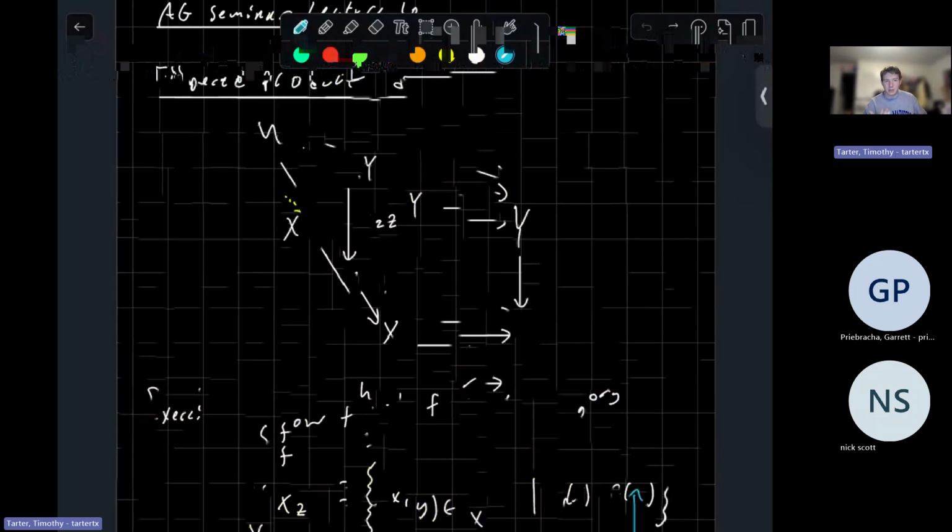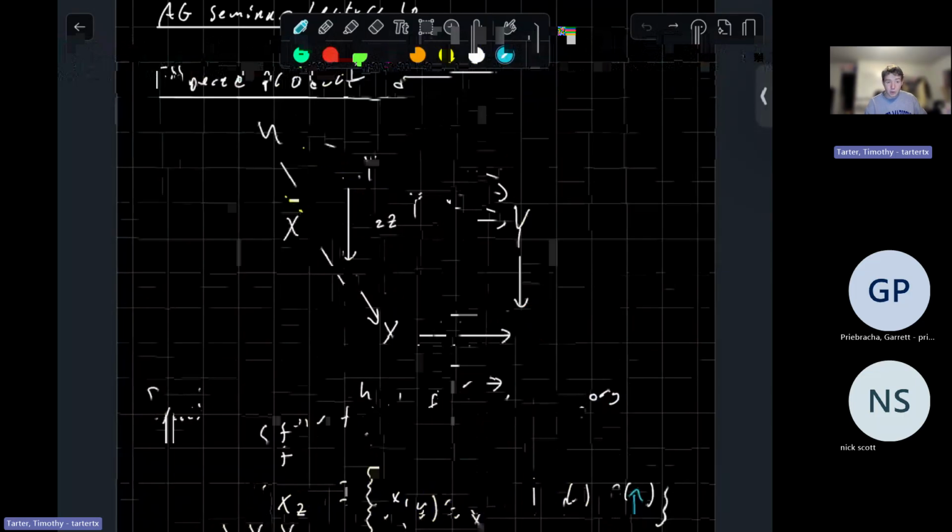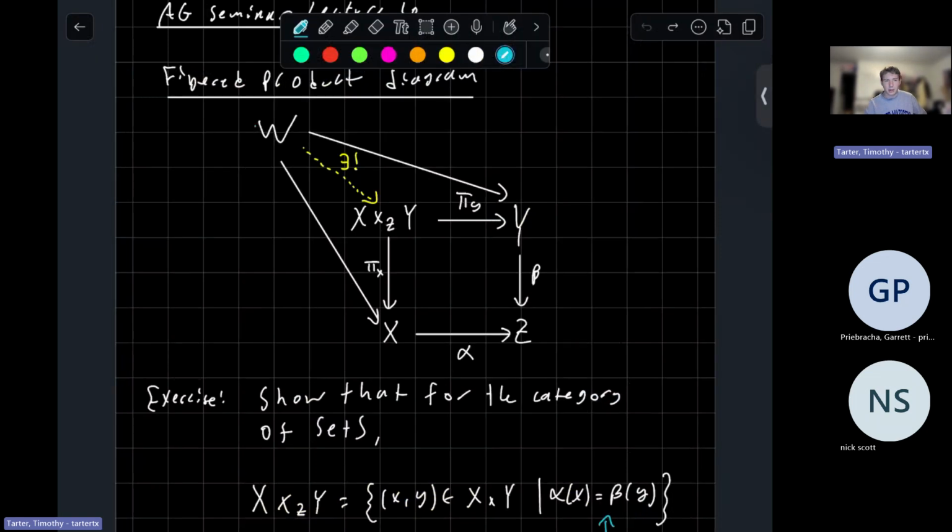So it's like pairings of things that agree through alpha and beta. And then the universal property of fibered products is that any object W that maps into X and Y has to factor uniquely through the fibered product. And so we did a bunch of stuff for this.